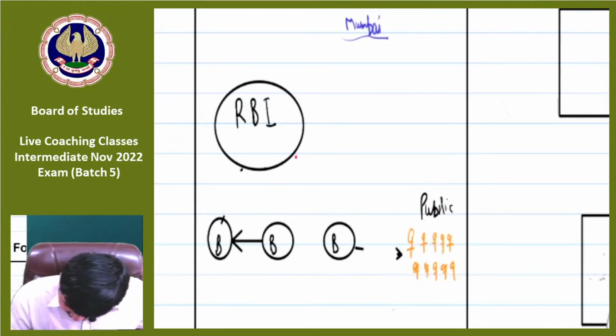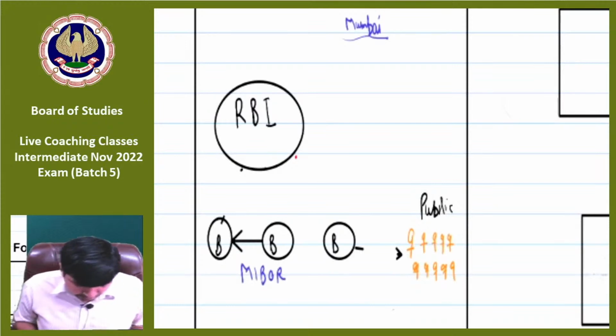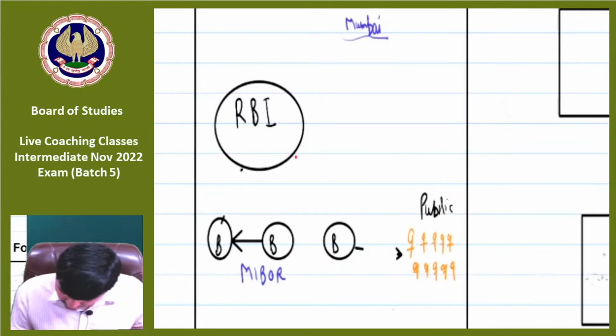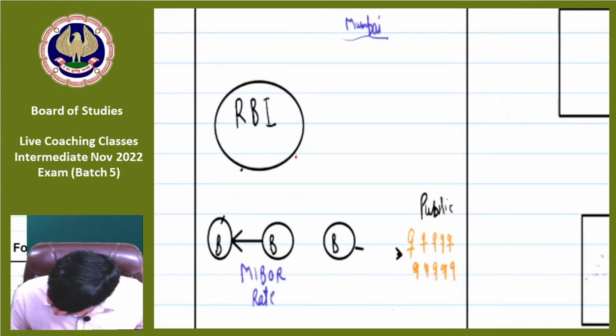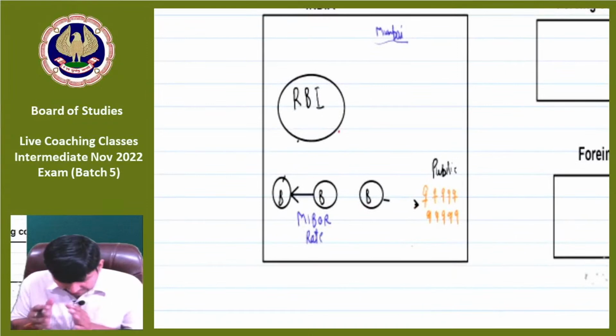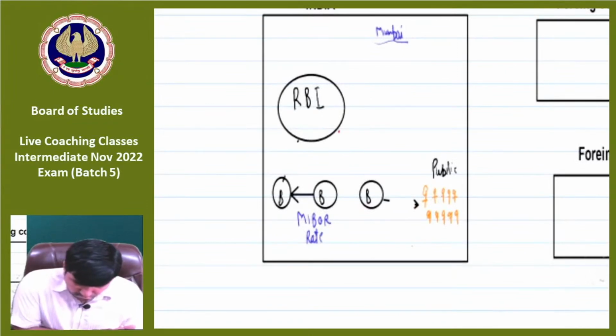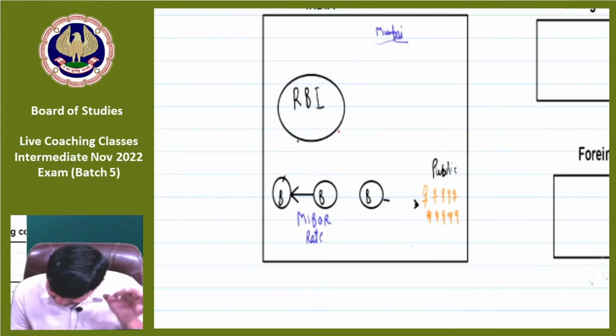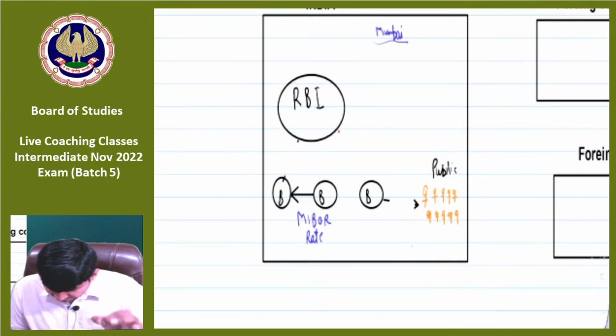So that's the reason it is called MIBOR. Means, sir, give me the full form. First you write down MIBOR rate. It means when one bank gives a loan to another bank or takes a loan from another bank at that rate, this is called the MIBOR rate.